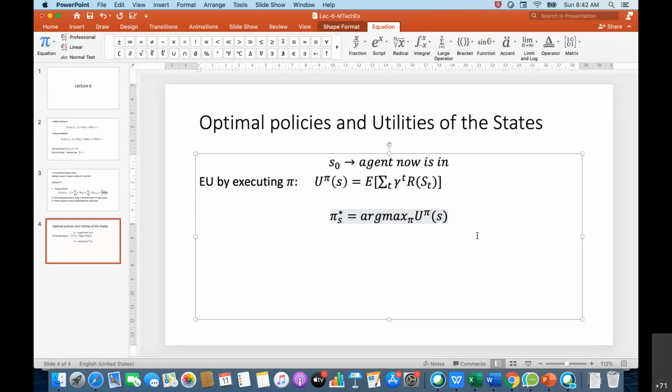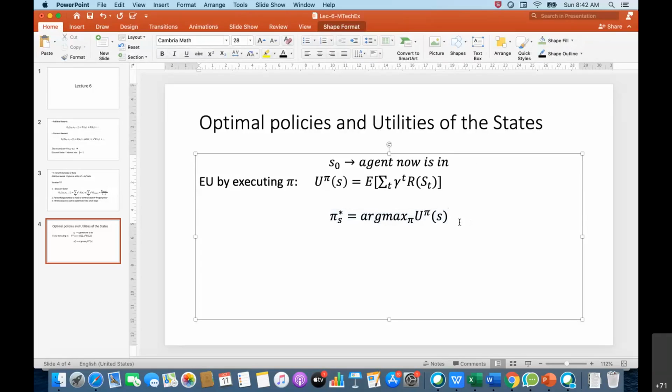So over all the possible policies, we compute the utility for each policy on the state, and the policy that maximizes that expected utility is to be treated as the optimal policy. We have already discussed in our last class what the optimal policy is, and here we have just described it mathematically.